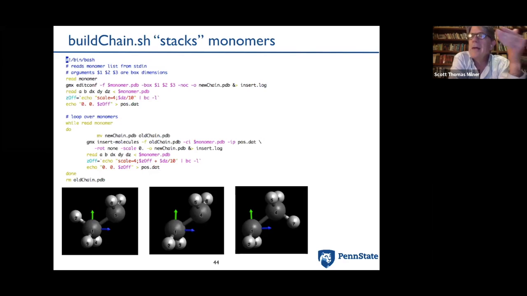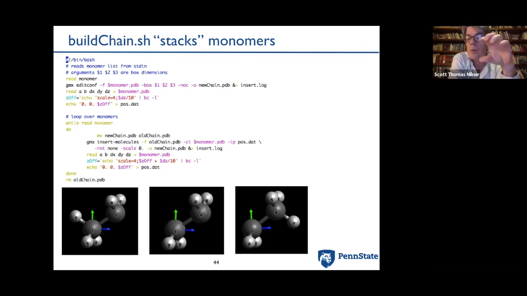They're all lined up in just the right way so that if you stack them up like blocks, they would stitch together to make an all-trans piece of polyethylene or decane, for example. And we used one of the GROMACS tools, which is called insert-molecules, to stack these things at just the right distance so that it builds a chain.